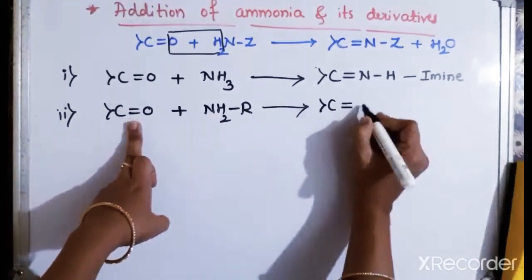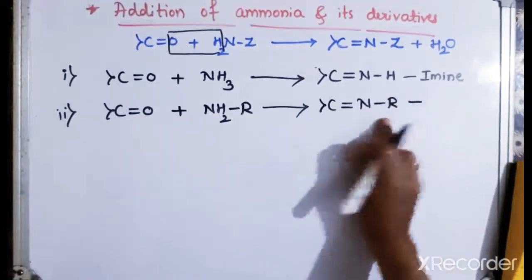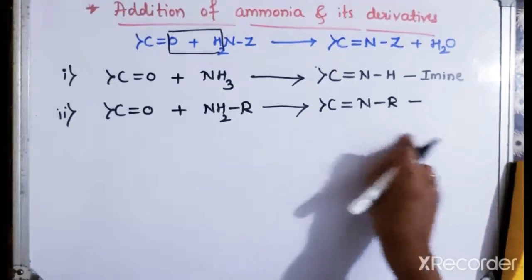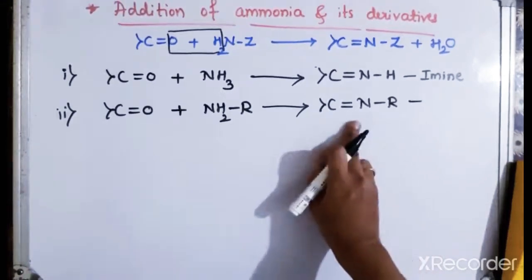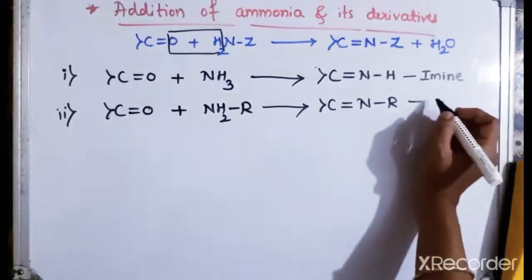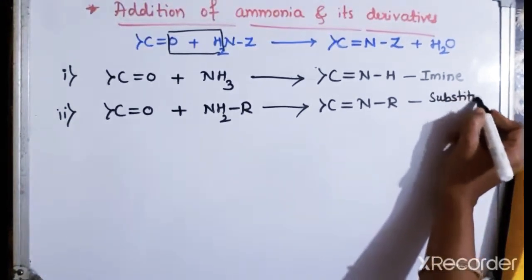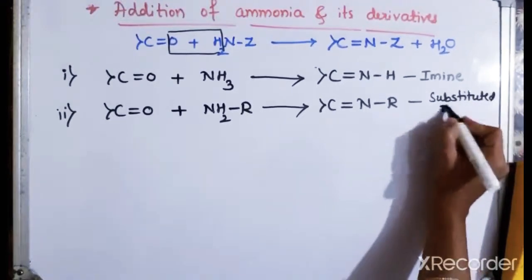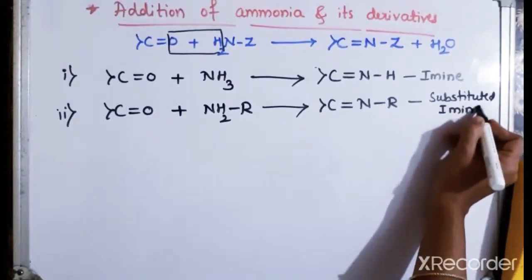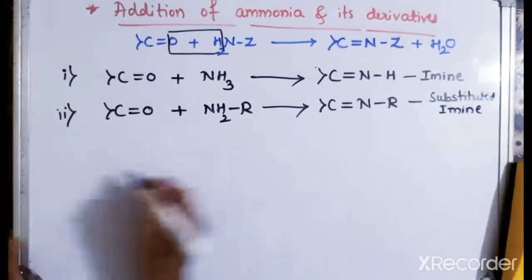C double bond N R. So this is a substituted imine. Substituted imines are usually called Schiff's bases. So it is forming a substituted imine, which is usually used as a Schiff's base. Okay, this is the second reaction.